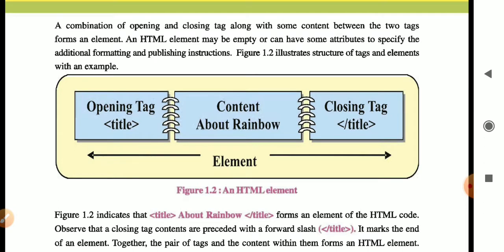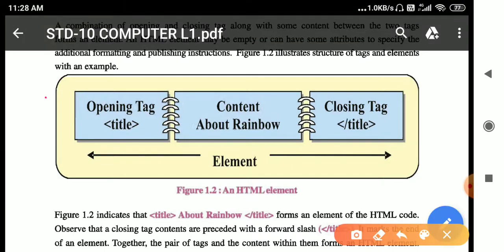Now you can see in the picture here, they are showing the syntax of how to write the tags. So for the opening tag, we simply write the tag in brackets, and when you close it, you have to use a slash, and the content that has to be printed is written between the two. So this is how we use the tag.